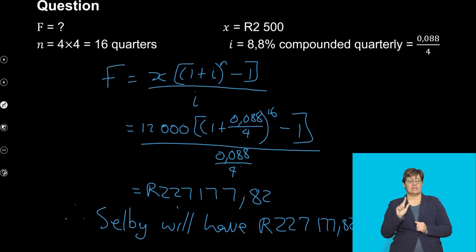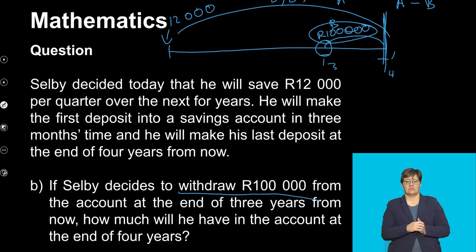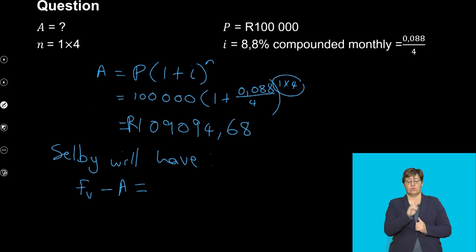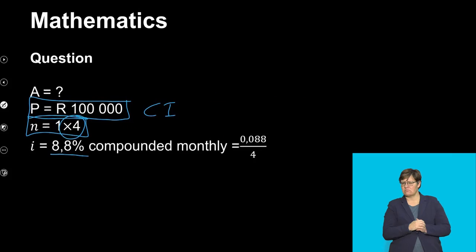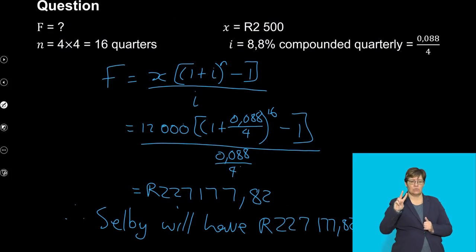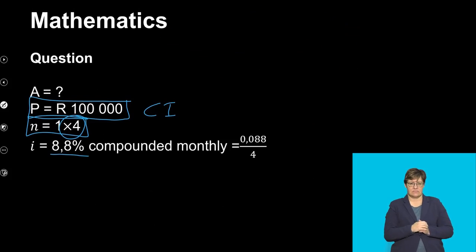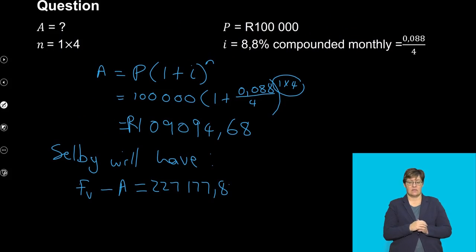It was 227,177, right? So this was 227,177 and 82 cents, right? This is 82 cents.